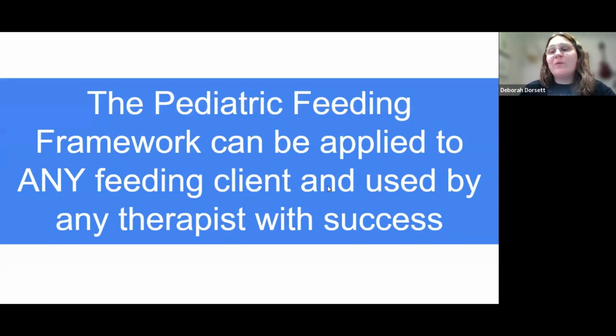So the pediatric feeding framework, the reason that I pulled it up is, even if you just take this one little tiny piece and you don't enroll in my courses at this time, whatever, the cool thing about the framework and all of my courses is they will apply to all the feeding kids on your caseload, because we're not looking at, here, learn the DEB protocol, but here, learn how to think like a feeding therapist.